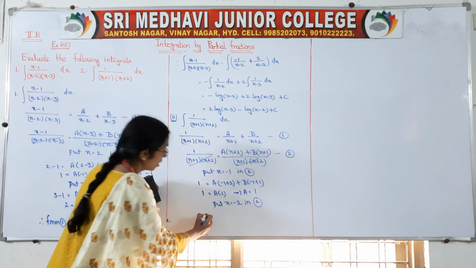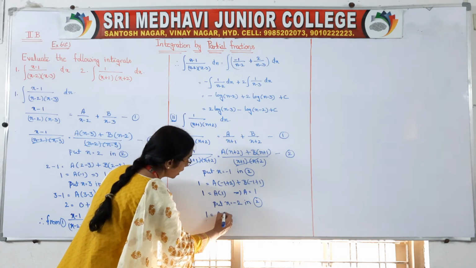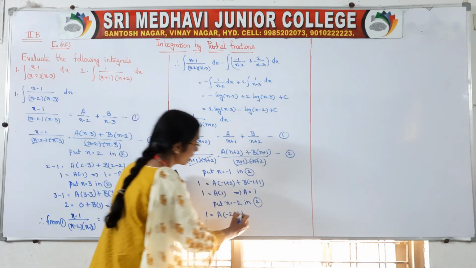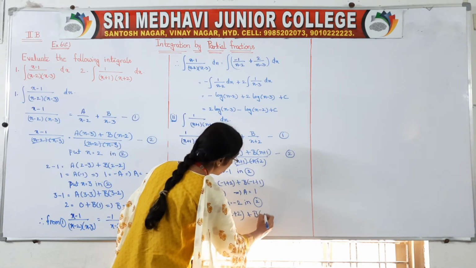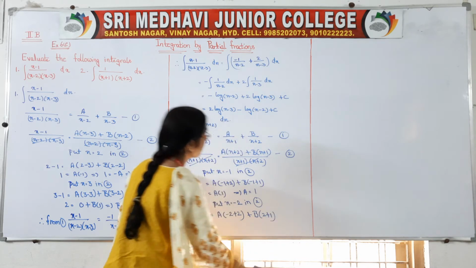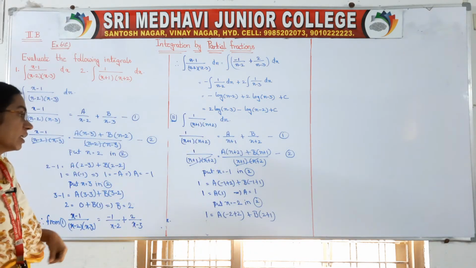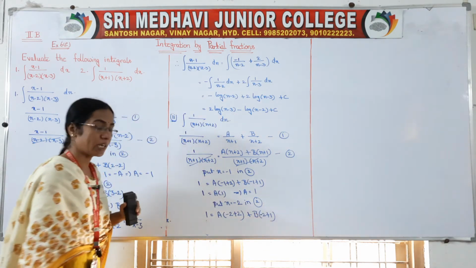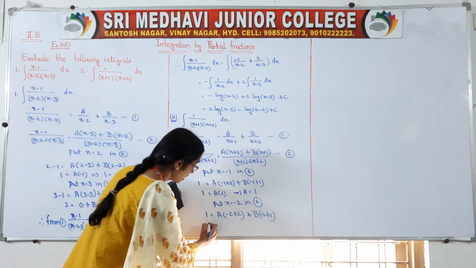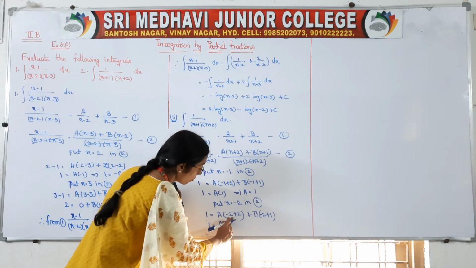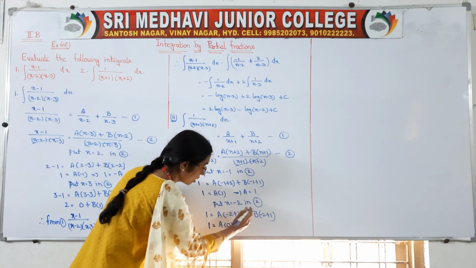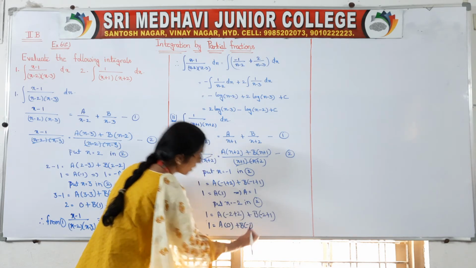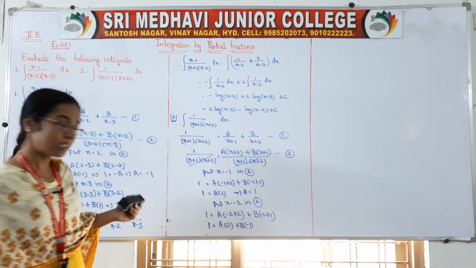So 1 is equal to a into minus 2 plus 2, plus b into minus 2 plus 1. Minus 2 plus 2 is 0, and minus 2 plus 1 is minus 1. 0 into anything is 0.